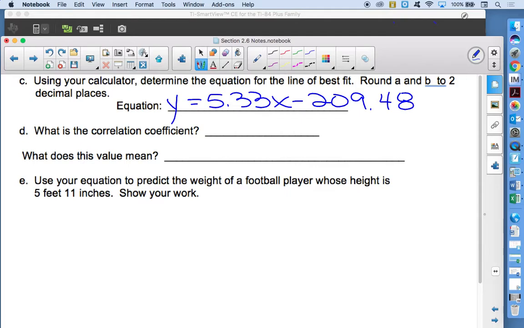The letter D is the correlation coefficient, and that's the R. So R is 0.84. And then it says, what does it mean? So what does the R value mean with this problem?